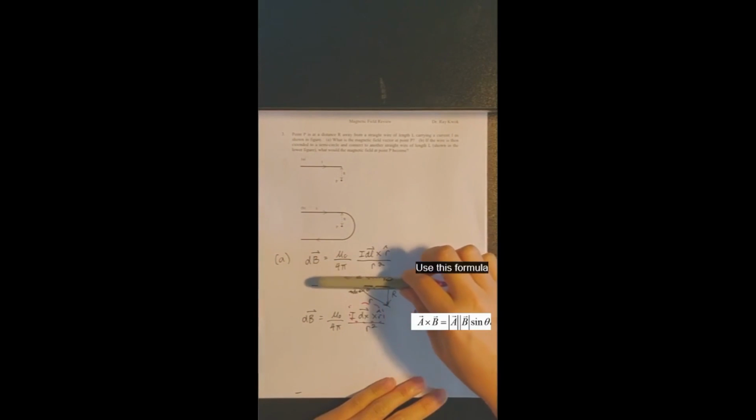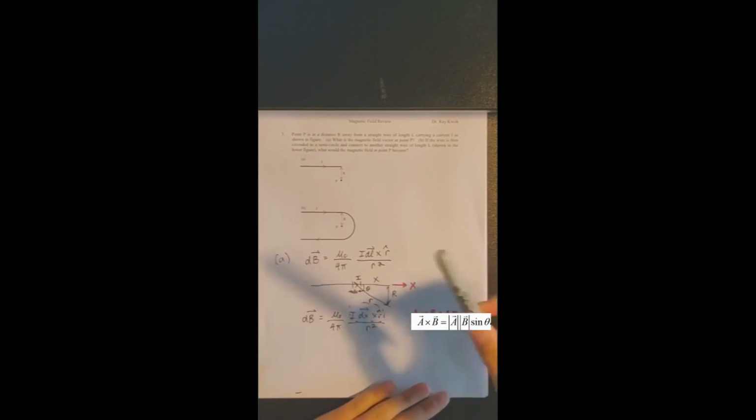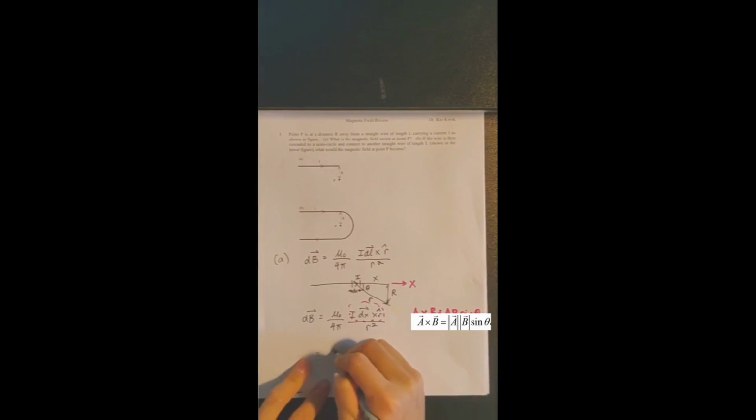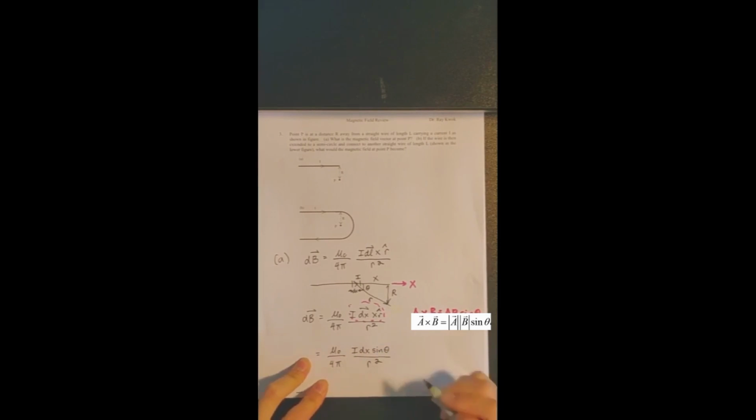So in this case, we have a dx and then r. So we're just going to get this equation: mu naught over 4 pi, I dx sine theta over r squared.